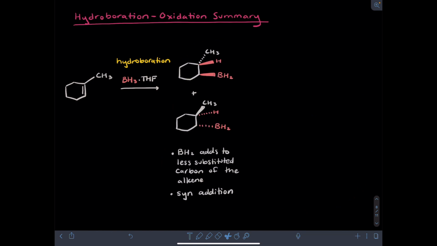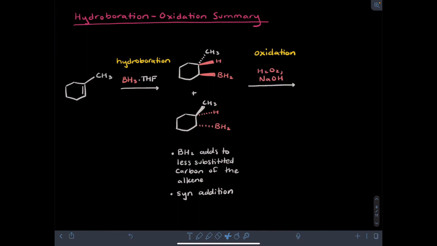This step shows anti-Markovnikov regioselectivity, meaning hydrogen adds to the more substituted carbon of the alkene, and boron adds to the less substituted carbon of the alkene. Syn addition of the H and BH2 groups occurs. So in this product, both either appear as wedges or both appear as dashes.